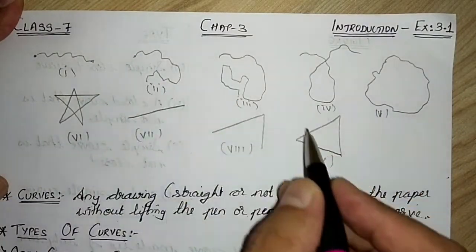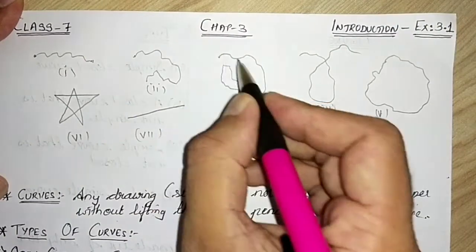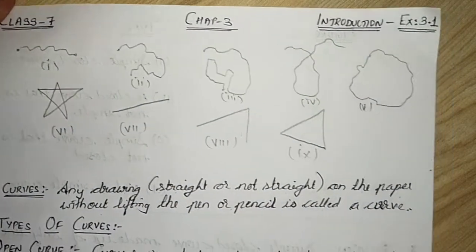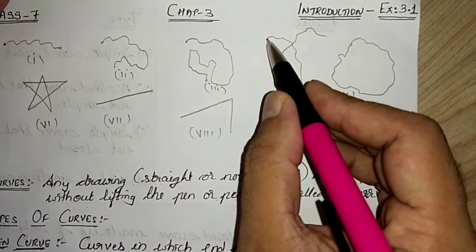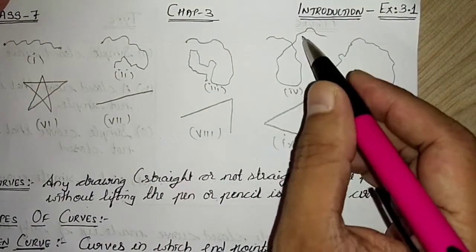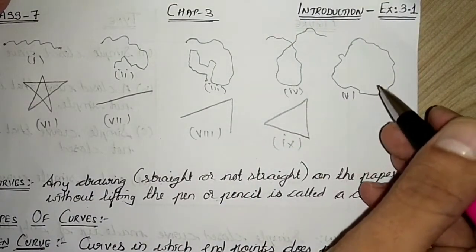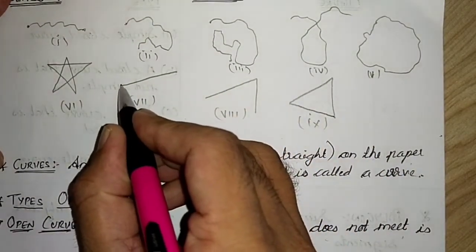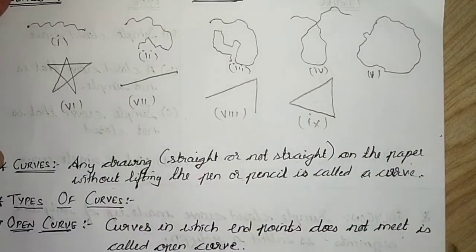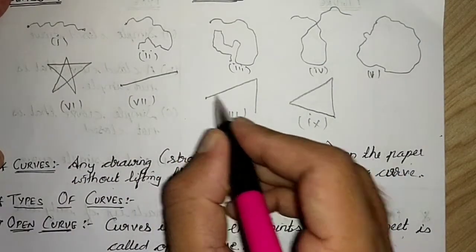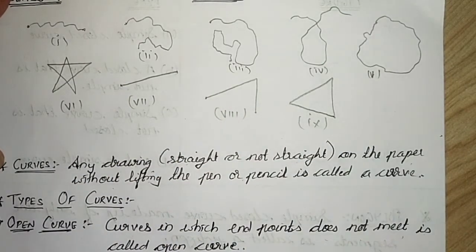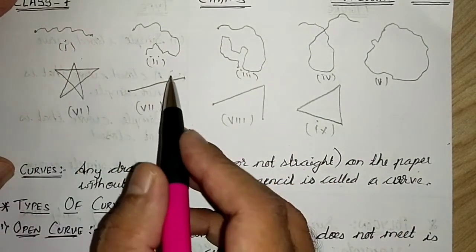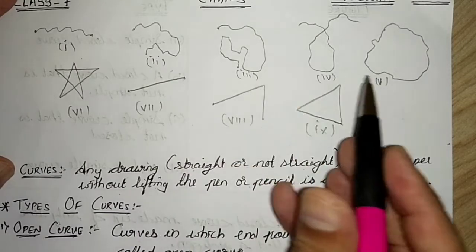Here also the endpoints are not meeting, open curve. Endpoints are not meeting, open curve. Here the endpoints are not meeting but they cross over, so it is not an open curve. Here you can see endpoints are not meeting, so open curve. Endpoints are not meeting, so open curve.